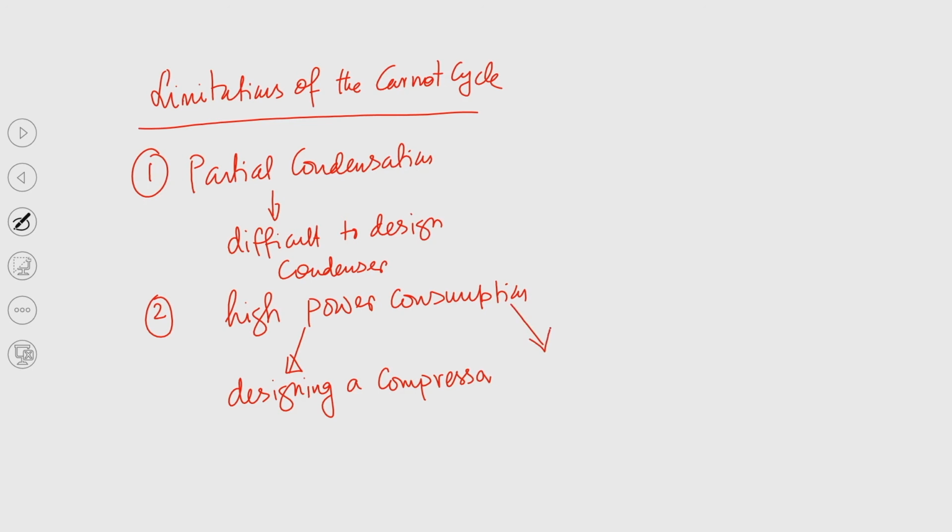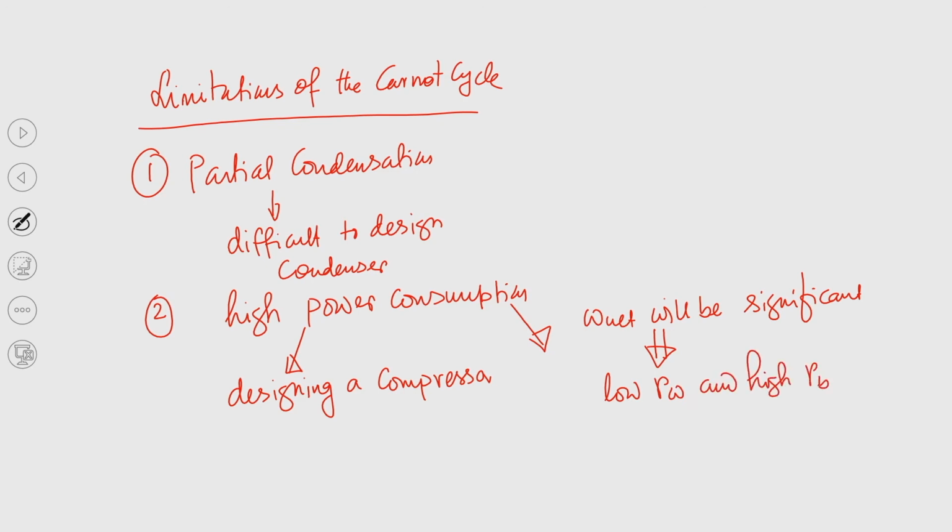Another is high power consumption, so the net work will be significant. Eventually we will get a low work ratio and a high back work ratio. I did not write anything on designing a compressor.